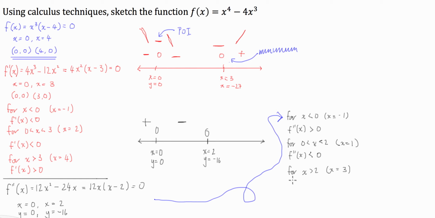So we can say that f double prime of x is going to be greater than 0. Good. So what we can tell from this function is it's going to be concave up here. It's going to be concave down here, and it's going to be concave up here.